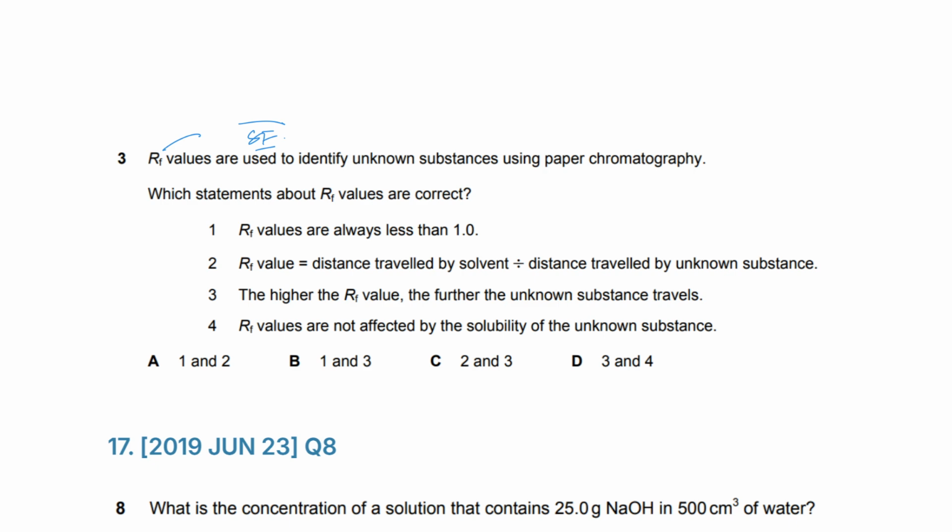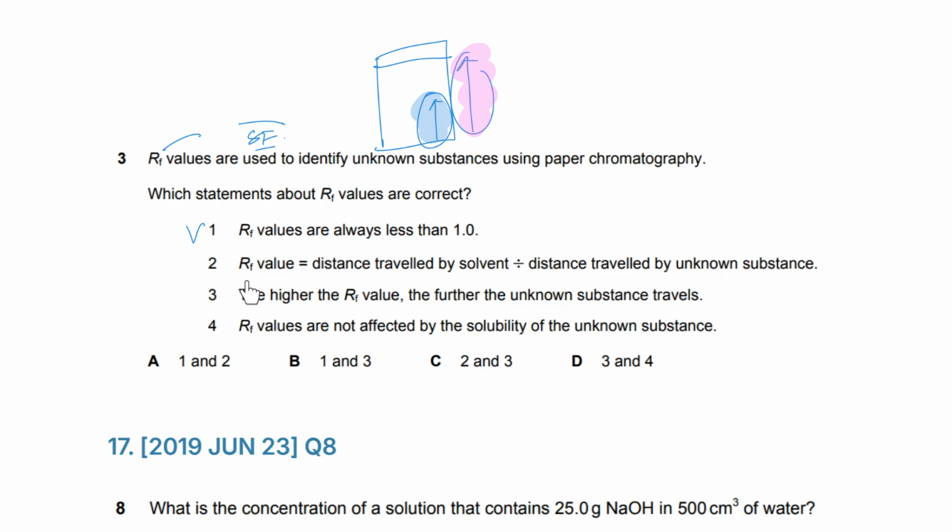The RF values are always less than 1. That's true, because the distance traveled by the solvent front is always going to be greater than the distance traveled by the substance. So when you take the ratio, it's the smaller one divided by the bigger one. If the denominator is larger than the numerator, it'll always be less than 1.